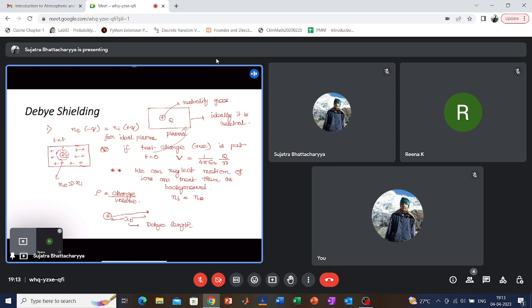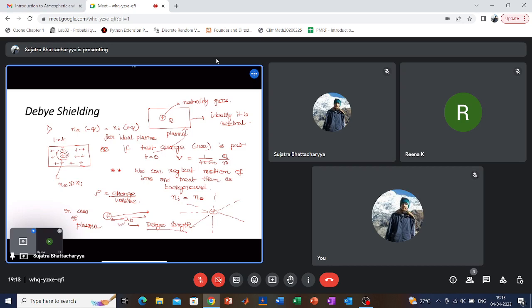Now in electrostatics, there is a positive charge and its influence can be felt up to infinite length. But in the case of plasma, the distance up to which the charge's influence can be felt is the Debye length, given by lambda d, and we will derive the expression for lambda d and the expression for the potential.